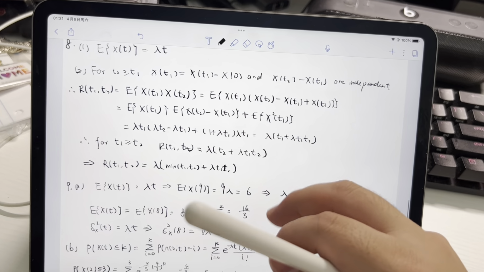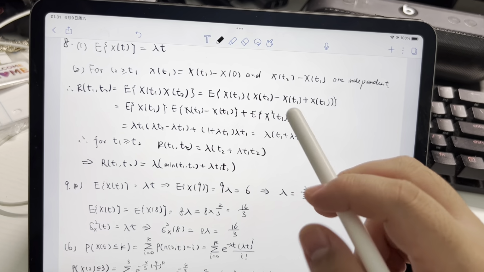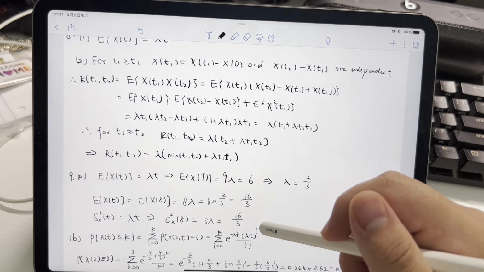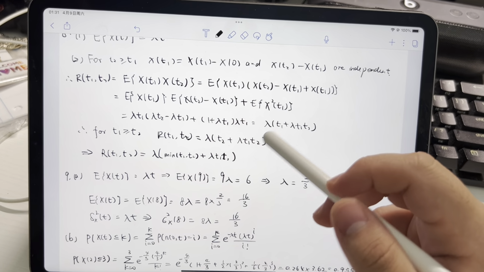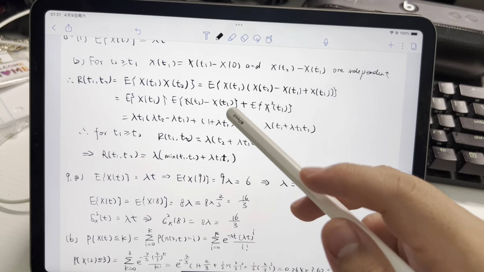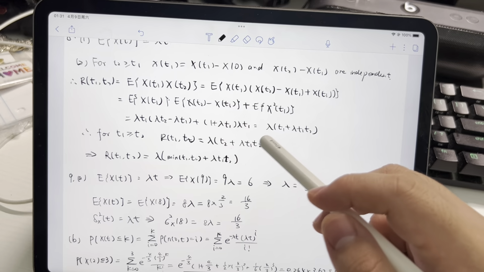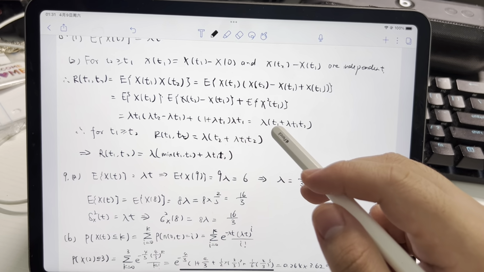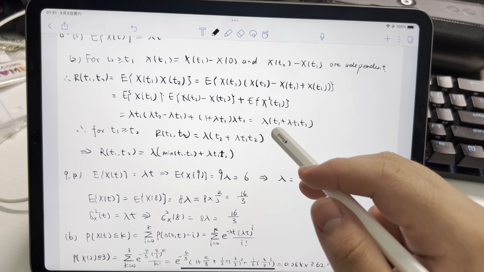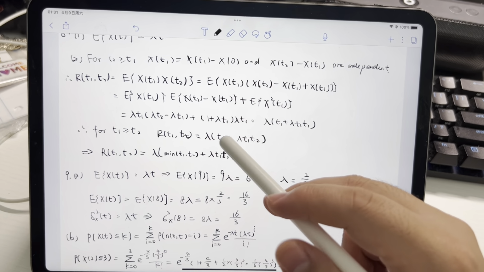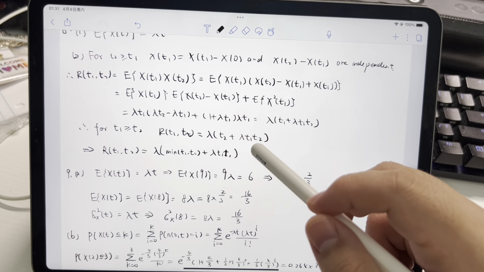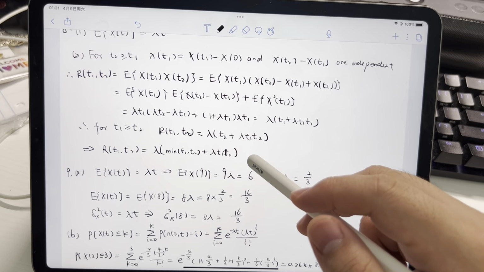For the other condition, where t1 is larger than t2, we follow the same process, and it is just different in the first parameters. It's equal to lambda times t2 plus lambda t1 t2.